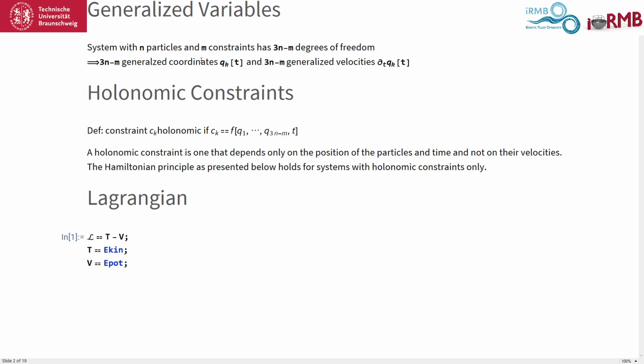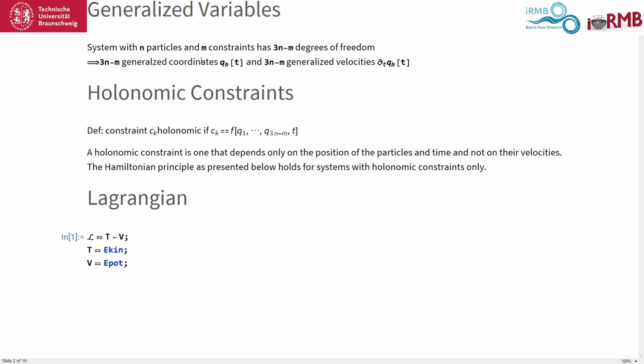What would be a constraint? Say you have some oxygen or nitrogen atoms floating around in this room. Each of them can be anywhere in this room and have any position and any velocity.